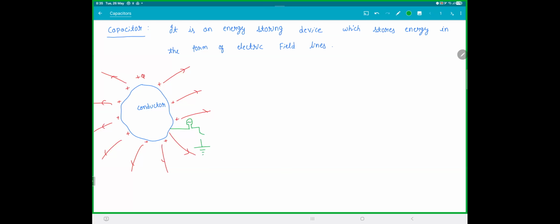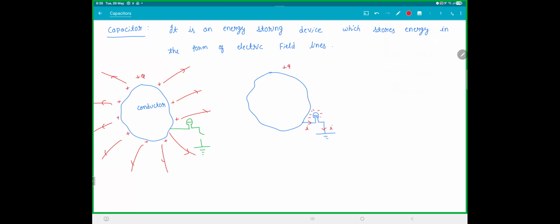Now the moment you close the switch, what will happen? The charge will start flowing from the conductor to the ground. When the charge is flowing, that's what we call current. So this system, if you see, this is how it would look. We got a bulb and you grounded this. You will notice the bulb will start glowing, the current starts flowing through the bulb into the ground.